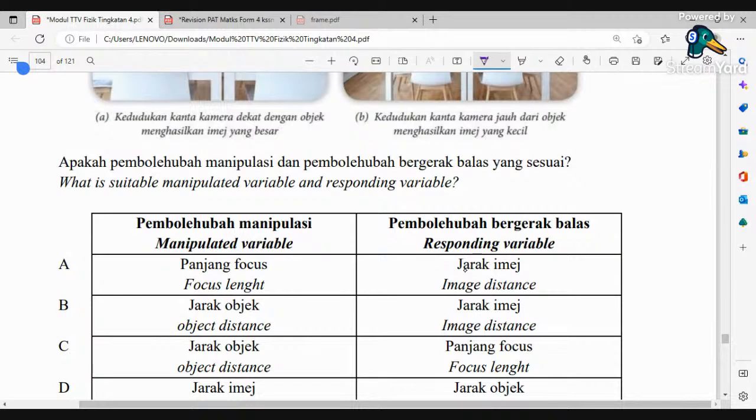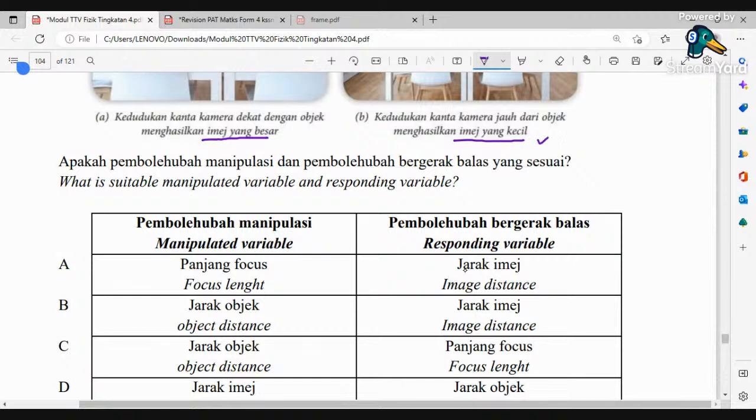Okay, lagi satu ialah to produce bigger size. Ada size of image juga di sini ya. Size of image means I think it's more suitable to use focal length, because it mentioned about size of image also.